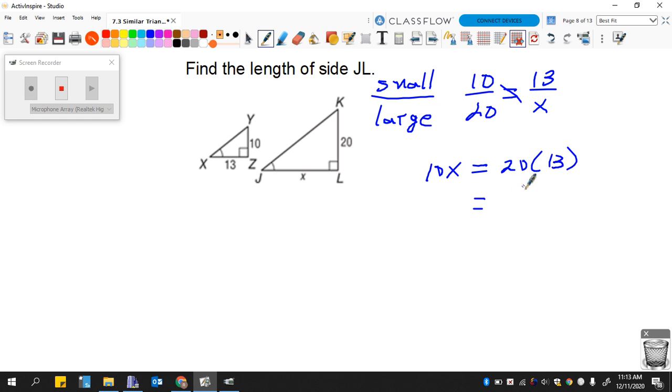So 20 times 13 is 260. And you end up with 10x. Then you divide by 10, and you end up with x is equal to 26.